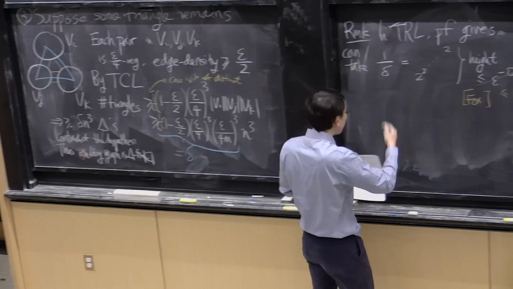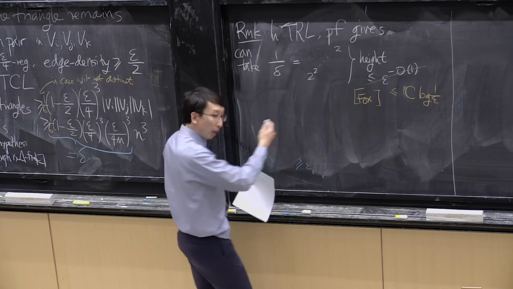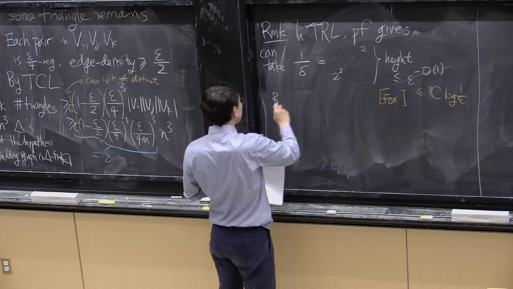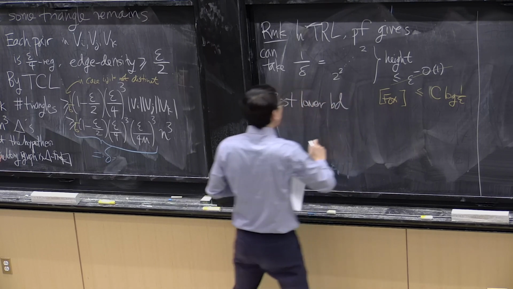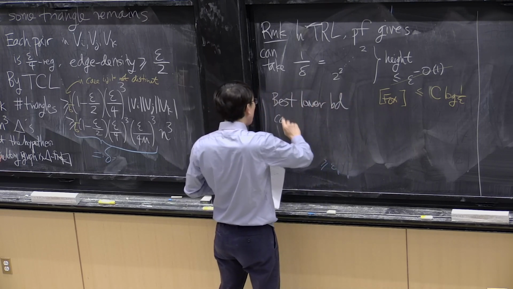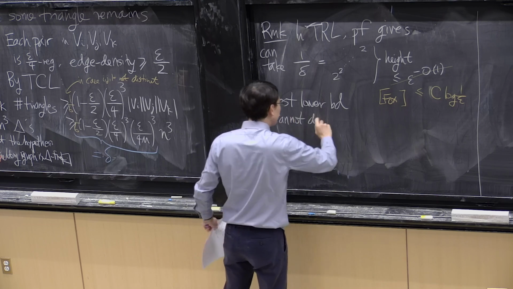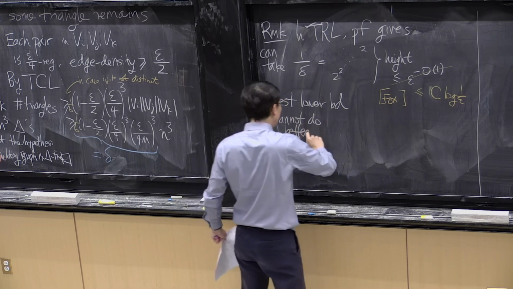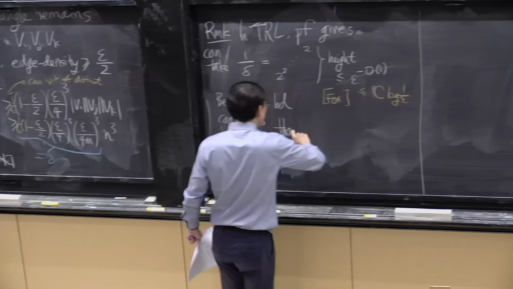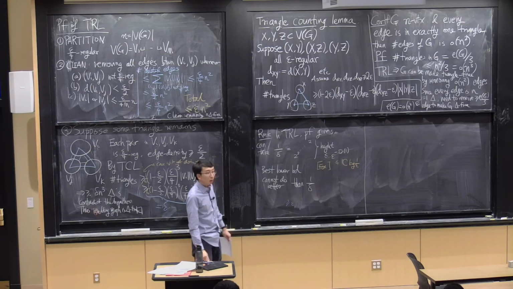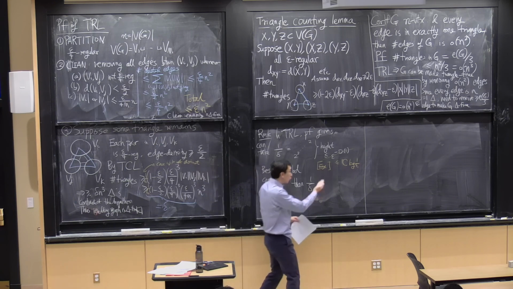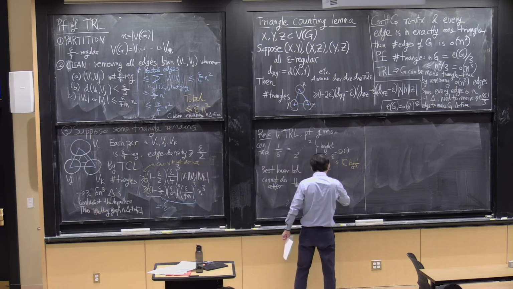The best lower bound, which we'll see either later today or next time, shows that we cannot do better than 1 over delta being essentially just a little bit more than polynomial in 1 over epsilon.